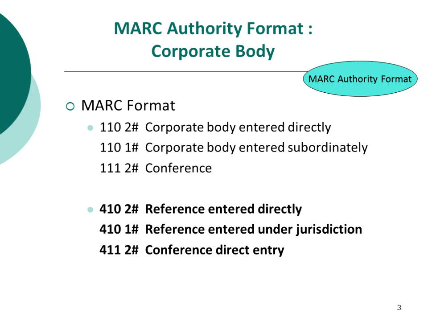So, about creating an authority record for a corporate body name using MARC format. As you see under the first bullet here, we have 110 first indicator 2, second indicator blank for corporate body entered directly. 110 first indicator 1, second indicator blank is for corporate body entered subordinately.